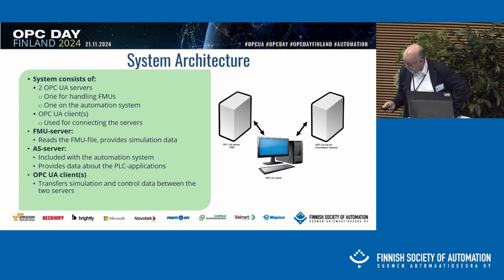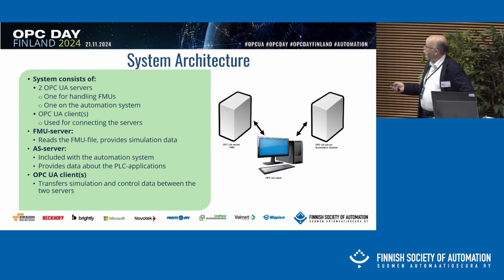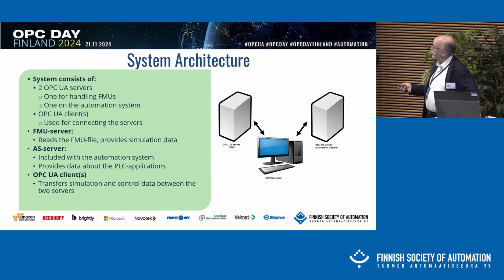And how the system was built up: we have here two servers. Actually, I hope the pointer will work. Yes. So we have the FMU server that gets the FMU file and handles it, and then we have the automation system, the OPC UA server, and then we were using one or multiple clients that connect those two servers and communicate between them.